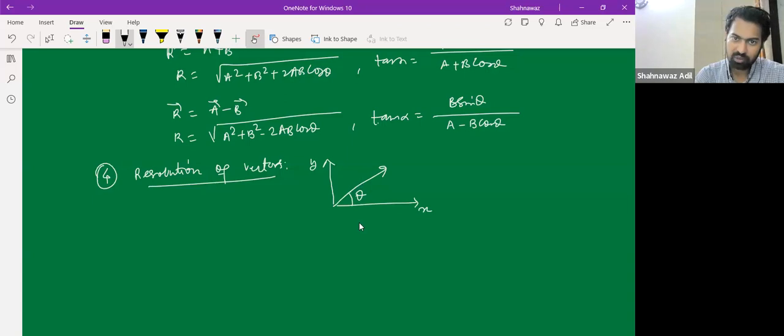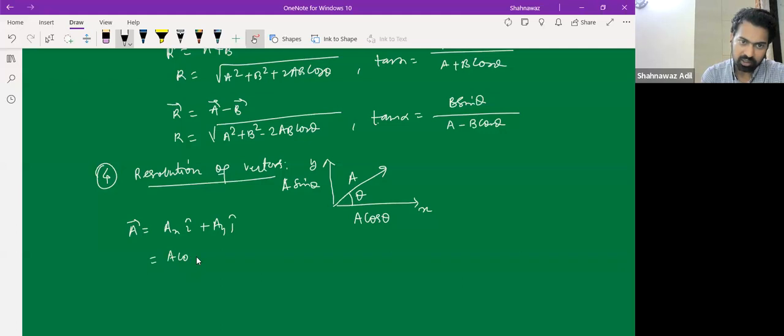So this is A. So the x component would be A cos theta. Y component would be A sin theta. Right, so we can write our A vector as Ax i plus Ay j, as A cos theta i and A sin theta j.